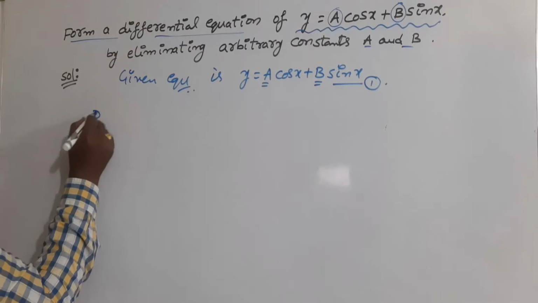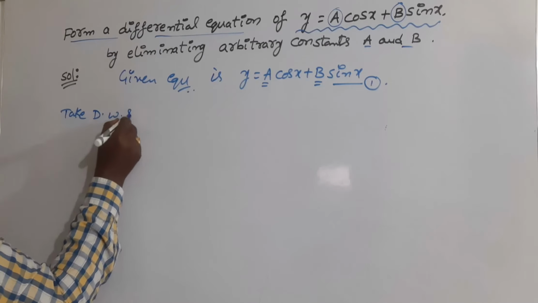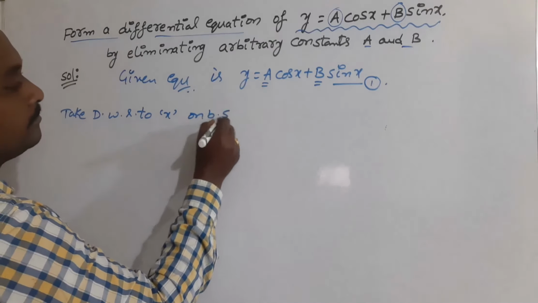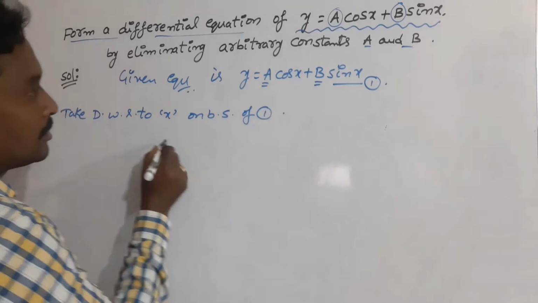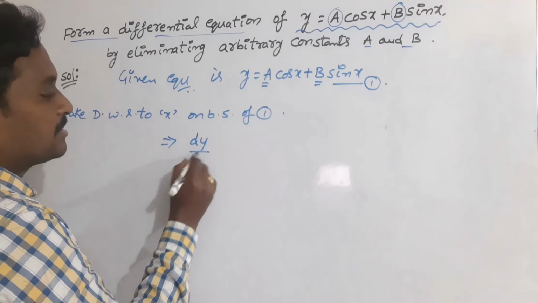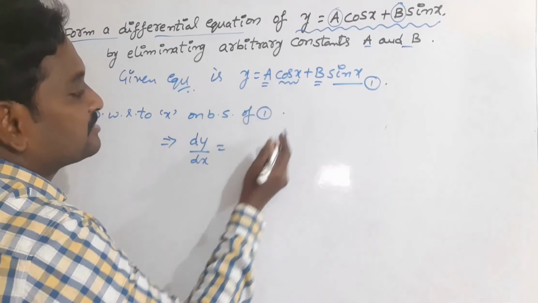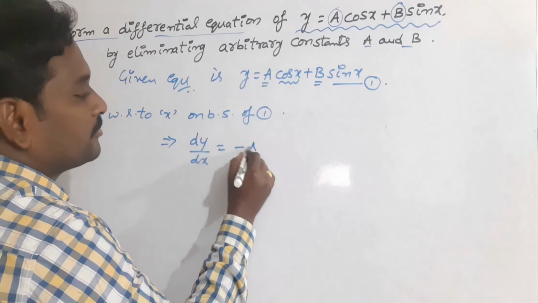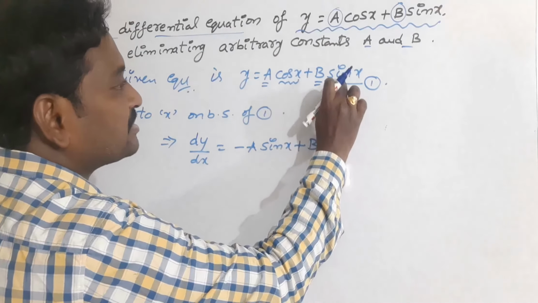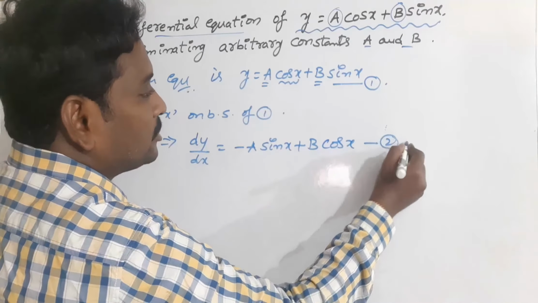So take the derivative with respect to x on both sides of 1. So you will get the derivative of y with respect to x; here we are taking the ordinary derivative. So dy by dx is equal to the differentiation of cos x with respect to x, which is minus sin x. So you will get minus a sin x plus b into the differentiation of sin x with respect to x, which is cos x. Take it as equation number 2.